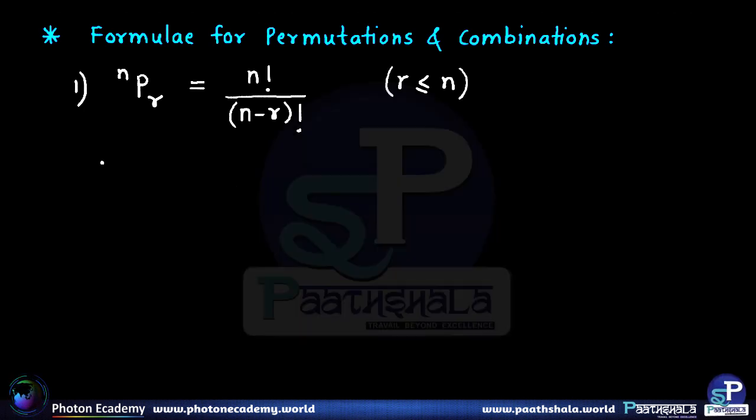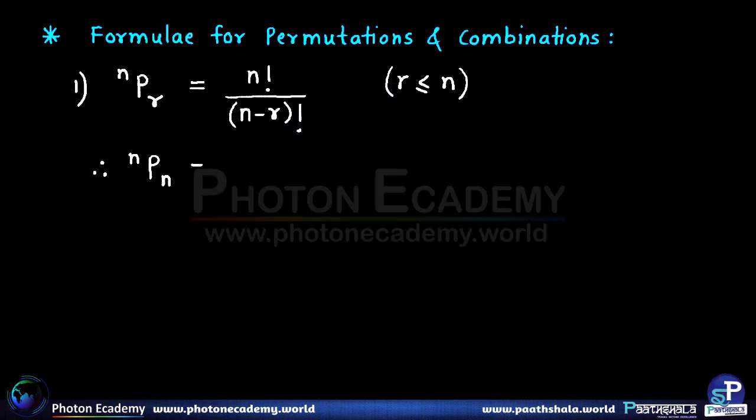Now a special case: if out of n objects we take all the n objects, so r is n, the left hand side of the formula changes to nPn and the right side becomes n factorial upon (n minus n) factorial.